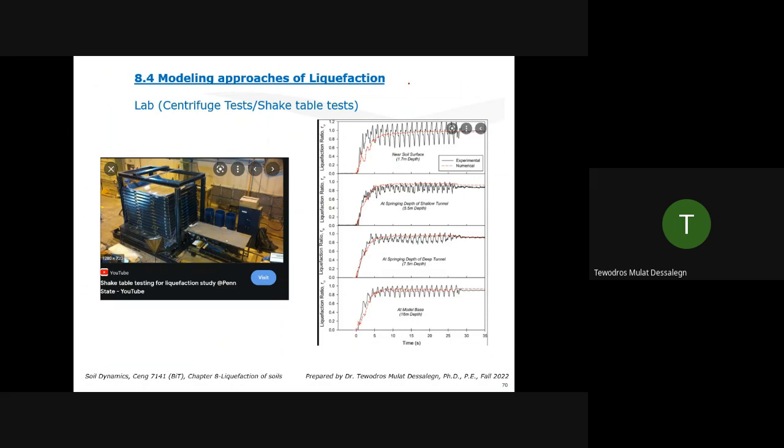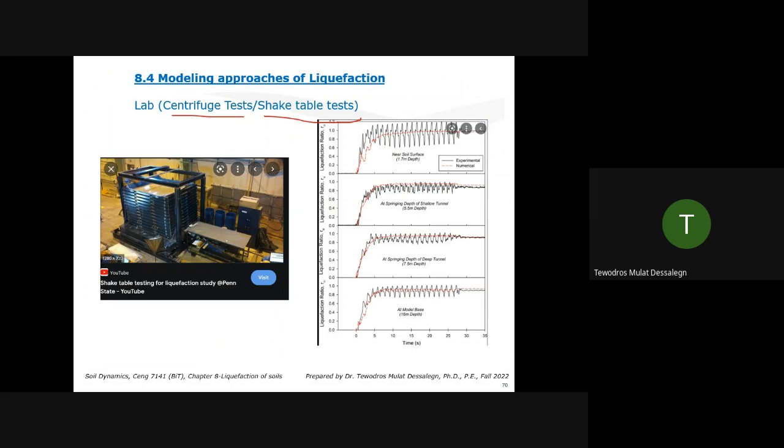Or for research purposes, I showed you this video last time from Penn State. They are monitoring liquefaction for advanced studies. They model it, they put instrumentation at several depths, and they find output like this. This is for different layers from the instrumentation. So you can do a shake table test or centrifuge test to find the behavior of soil at several depths.